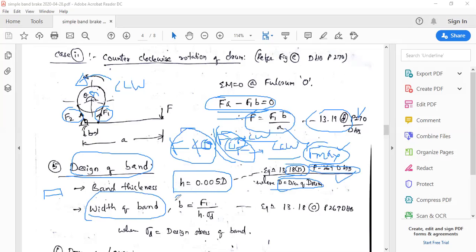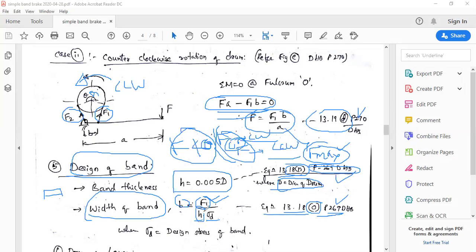The width of the band is given by B. B is equal to F1 divided by H into sigma D. This is equation number 13.18O, page 269 in the data handbook. F1 is the tight side tension, which was calculated in the previous step.